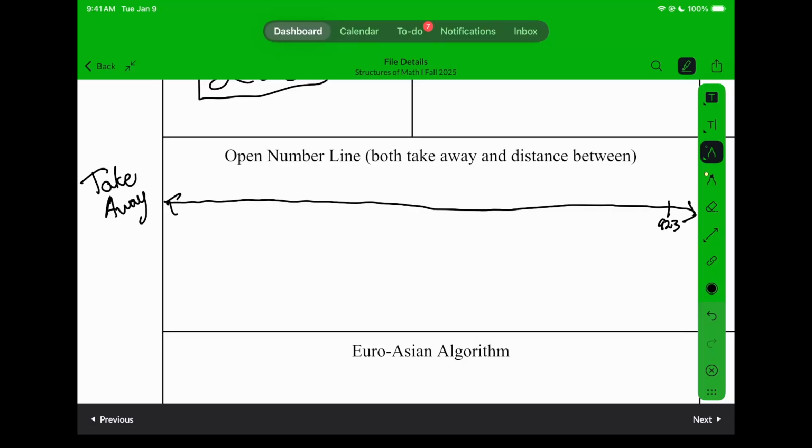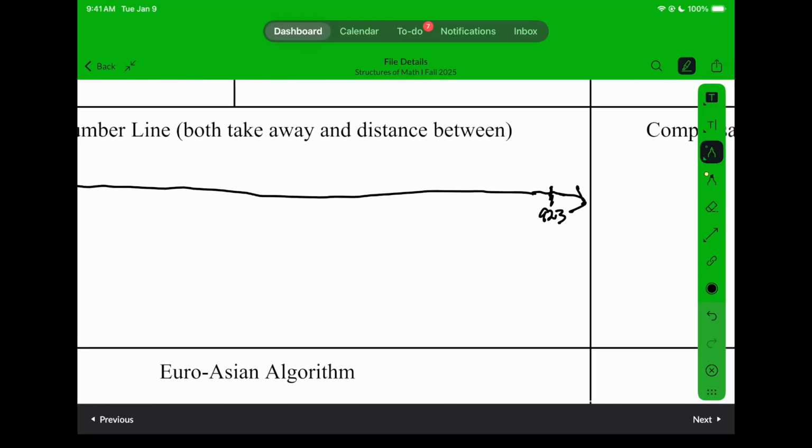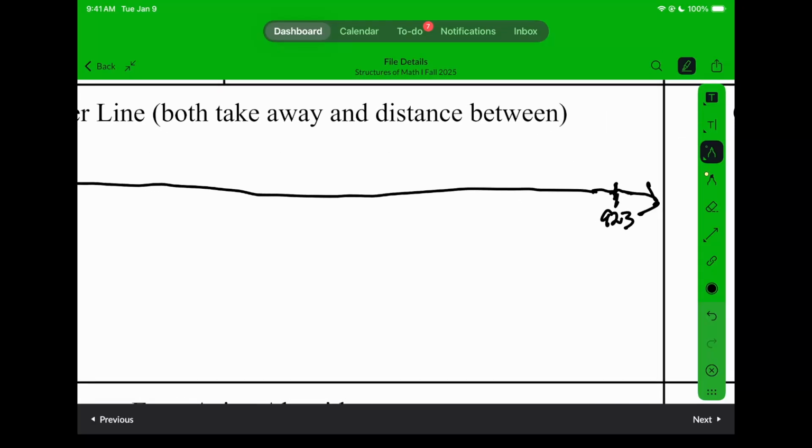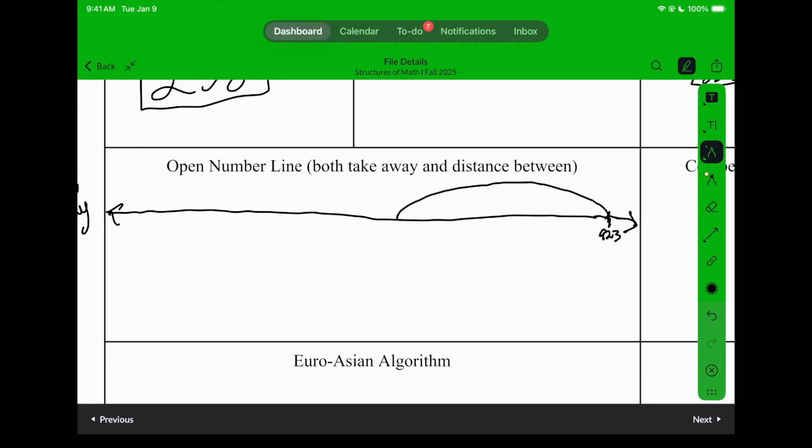So first jump, first big leap can be a little bigger, actually. Boom! Look at that. That is minus 600. So 923 minus 600 is going to leave us with 323.